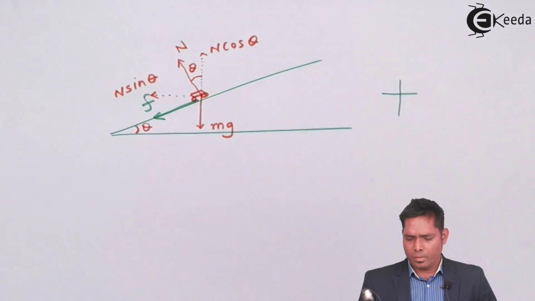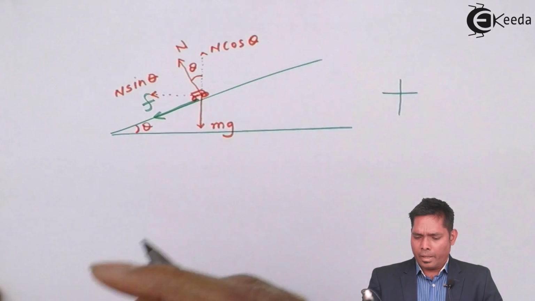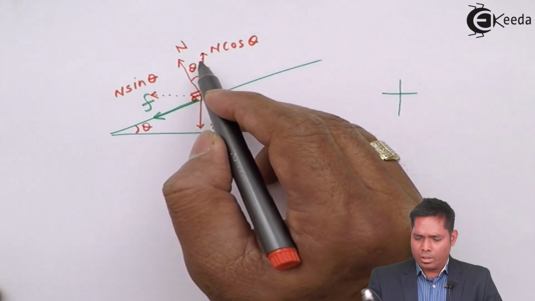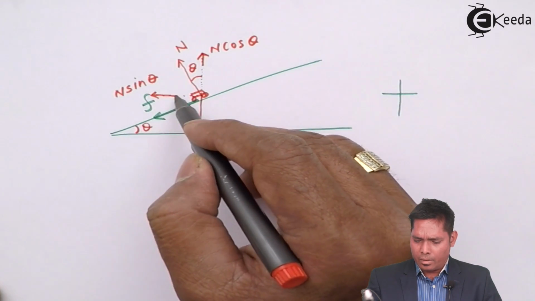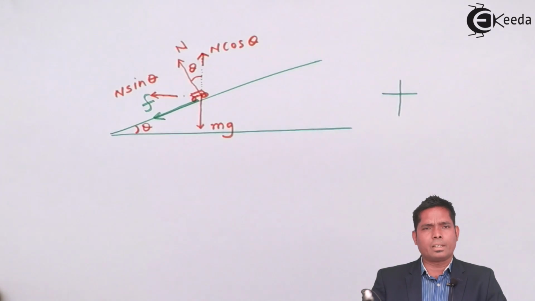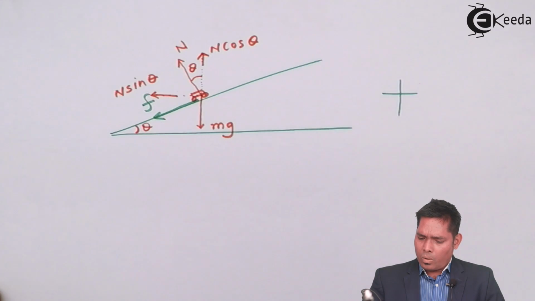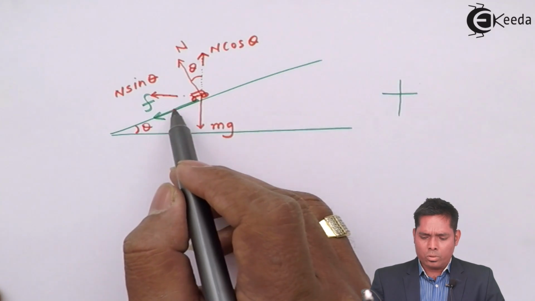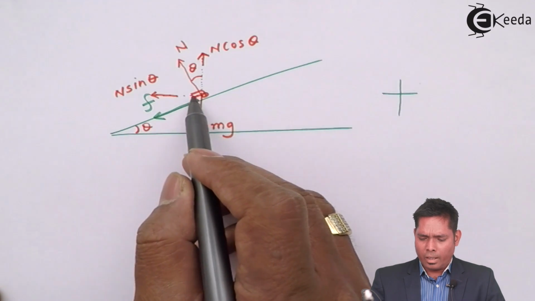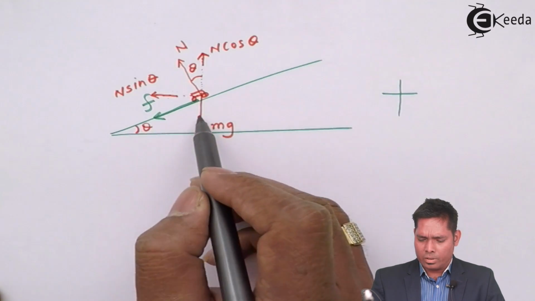N cos theta will balance the weight and n sin theta provides the necessary centripetal force. Now I also have the frictional force, which has to be resolved along this and along this direction.